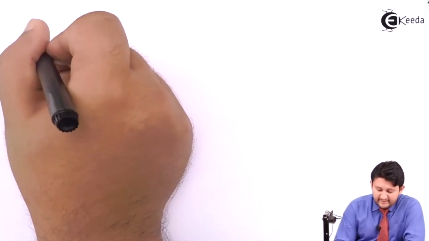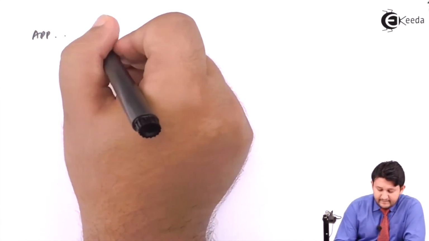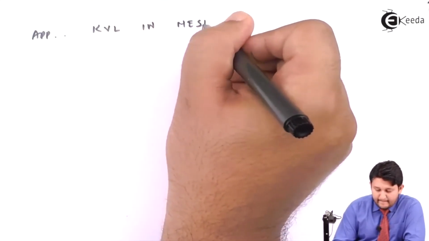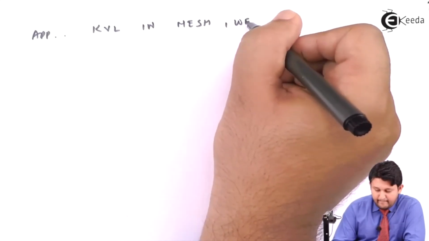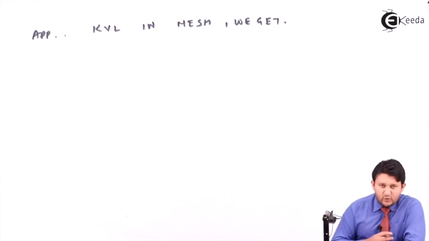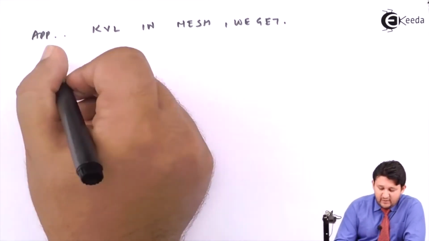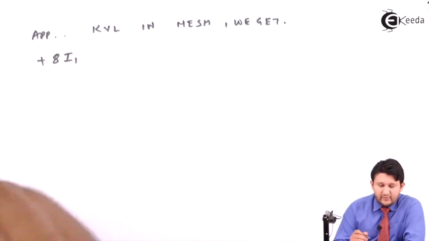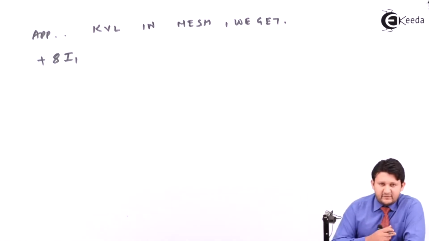So if I need to apply KVL in mesh 1, how many resistors can we see? There are 2 and 6. I hope you have drawn the network. So it will be 8, current flowing is I1. Take it positive because we are writing the equation for that mesh.